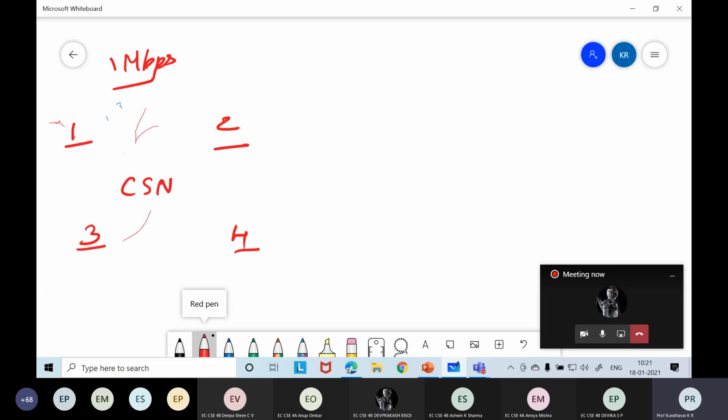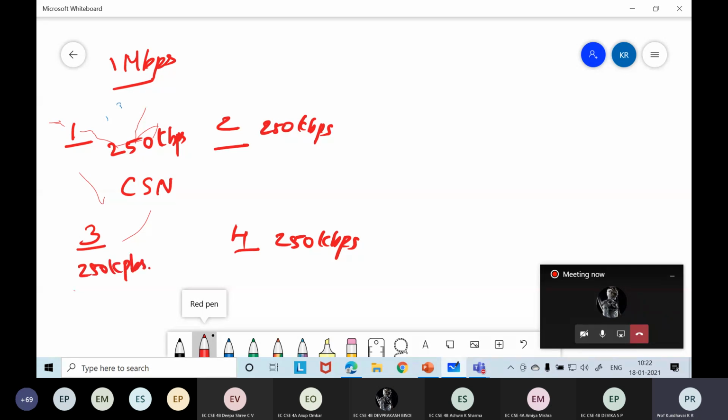So all these systems connected to a circuit switch will be sharing a link, and each will have 250 kbps, because it's a circuit switch network.